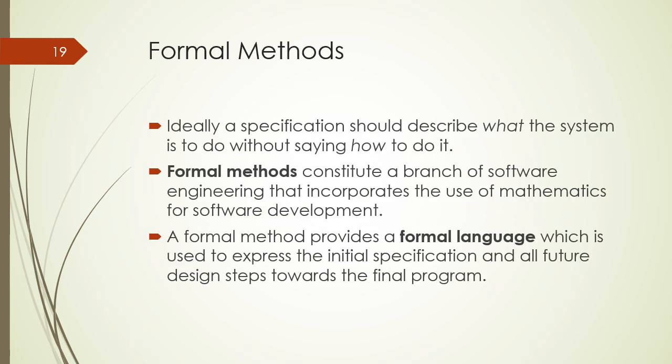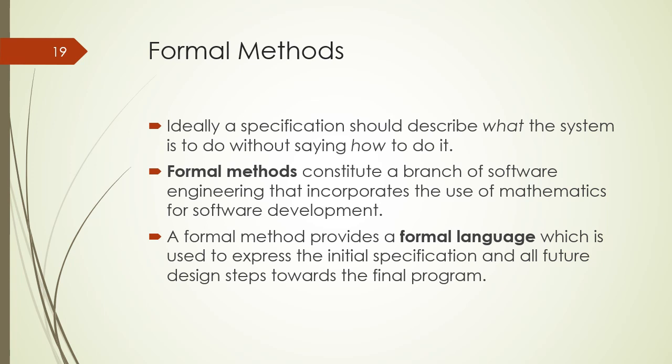Students, specification of software is a descriptive representation of the software, and a specification should describe what a software must do without giving the detail of how it is to be done. Formal methods constitute a branch of software engineering that incorporates the use of mathematics for software development.